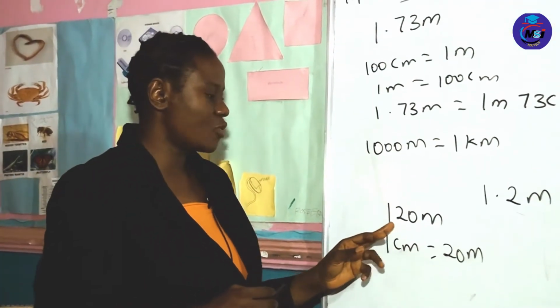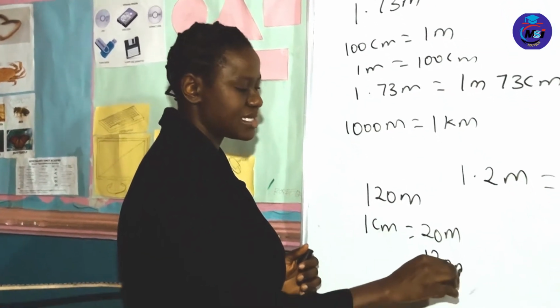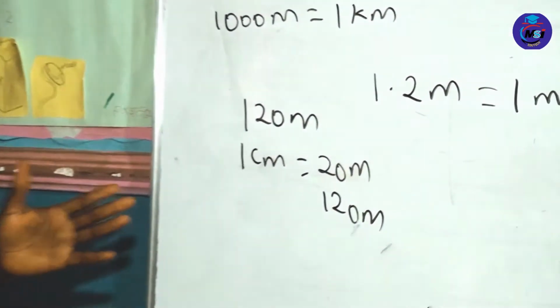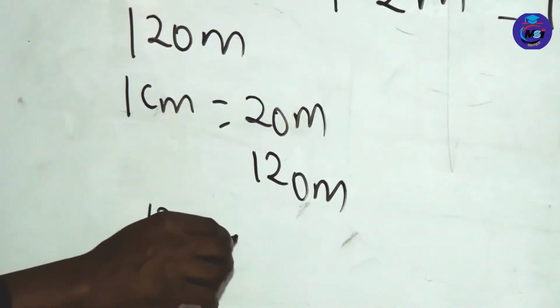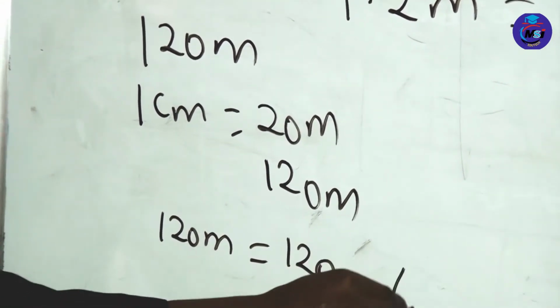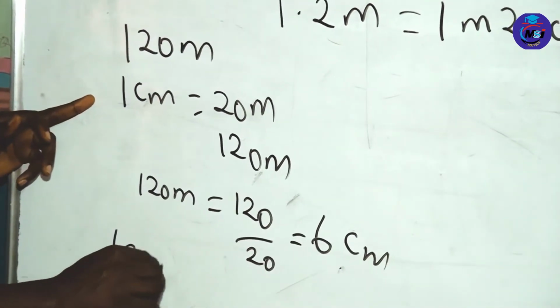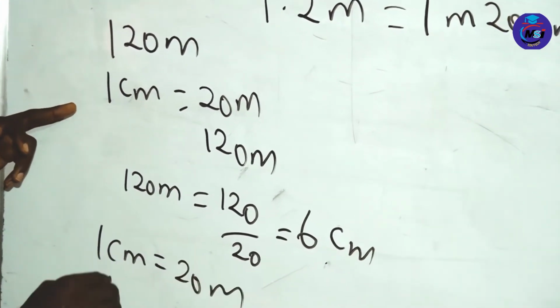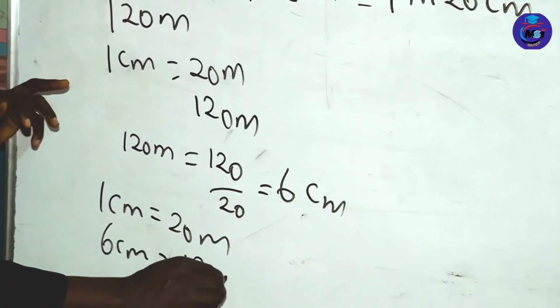So if 1 centimeter represents 20 meters, then 120 meters would be 120 divided by 20, which gives me 6 centimeters. So if 1 centimeter is equal to 20 meters, 6 centimeters will be equal to 120 meters.